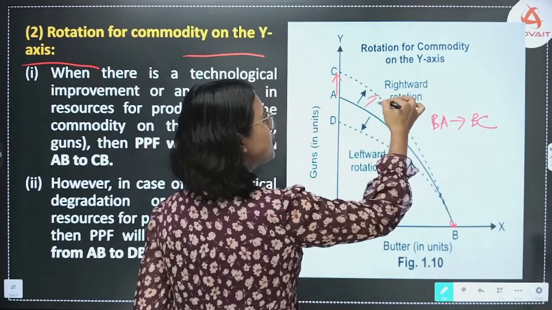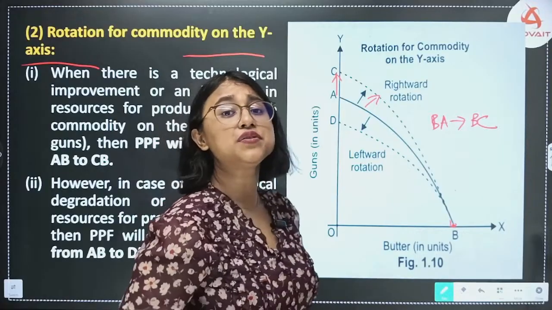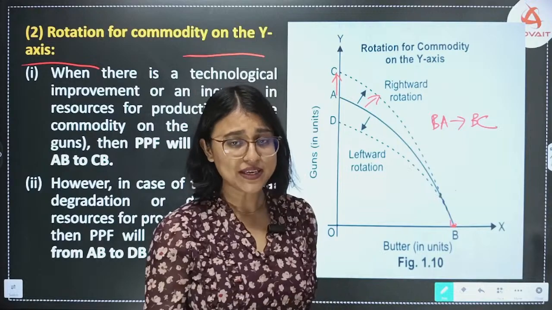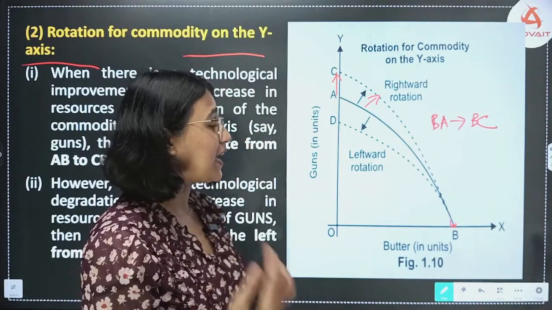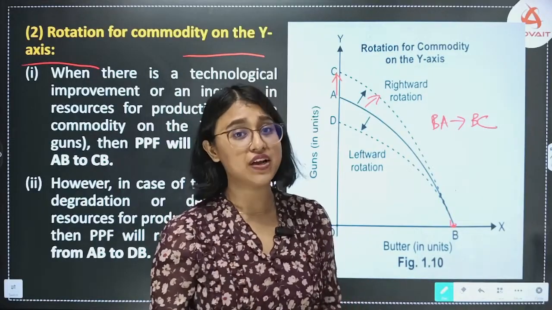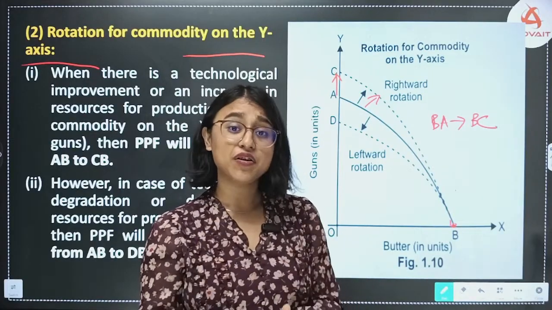This rightward rotation is because of increase in technology in production of guns, right? Now let us consider that for productive capacity of guns, the resources available have decreased or the technology has degraded.